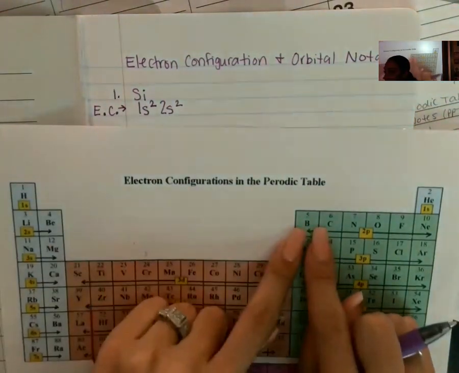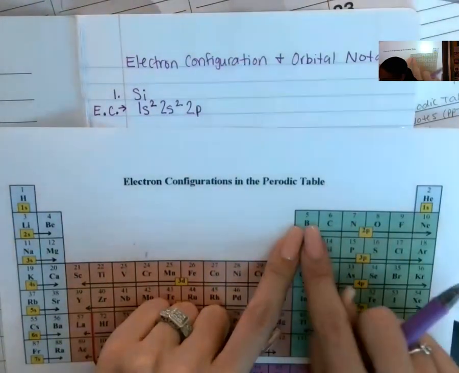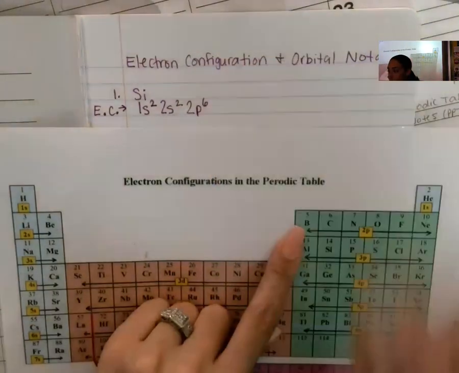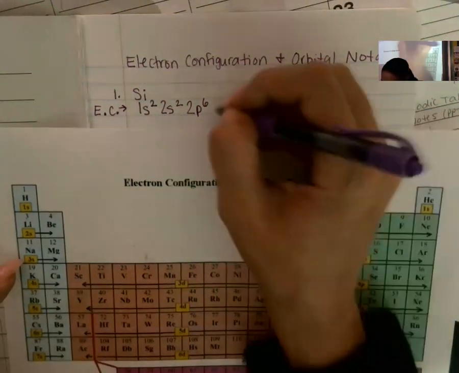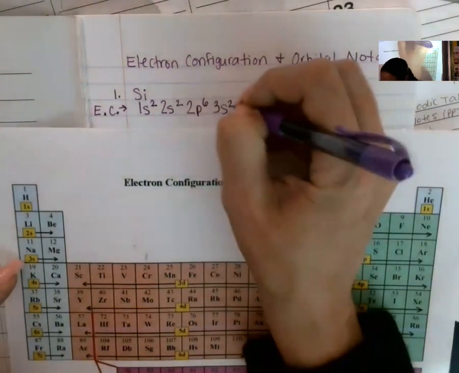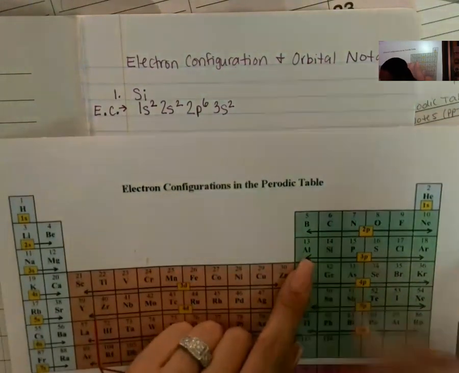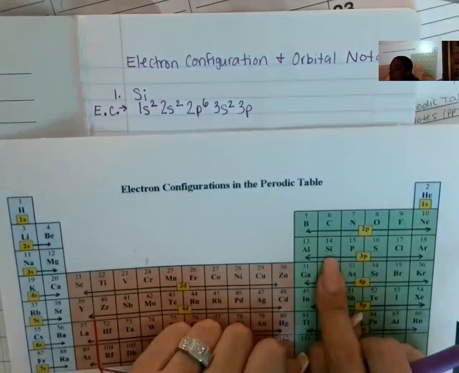Now we're in the 2p level. How many are in the 2p level? 6. So we write a little 6 on top. And then 3s level. How many are there? 2. Keep going across. We're in the 3p level now, but we're stopping on silicon.